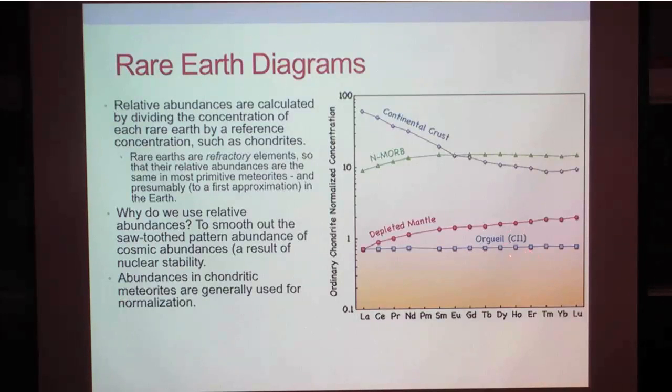And this is an Orgueil CI1 chondrite. It's a little bit lower here because the rare earths are diluted by carbon and water and other things. But if we plotted almost any meteorite, it would plot as a flat horizontal line on this diagram.